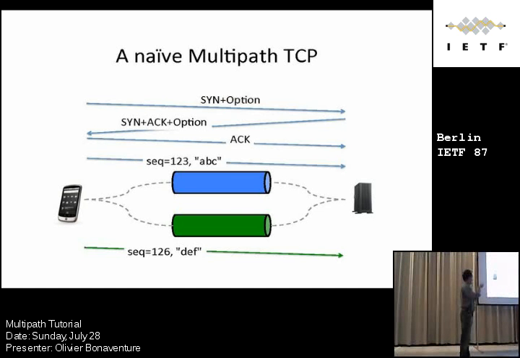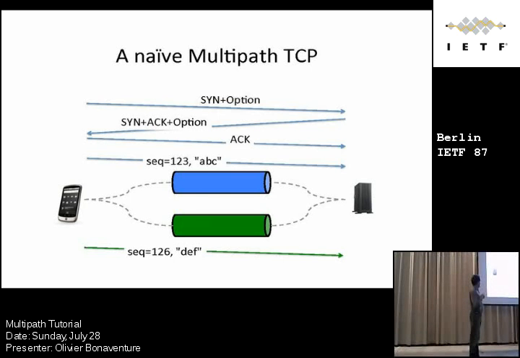And the more will be multipath TCP. Then I receive the SYN plus ACK from the server, and I confirm the establishment of the multipath TCP connection. And once the multipath TCP connection has been established, then I can use it to send packets over the blue path or to send packets over the green path. When I was a student, this would have worked perfectly.